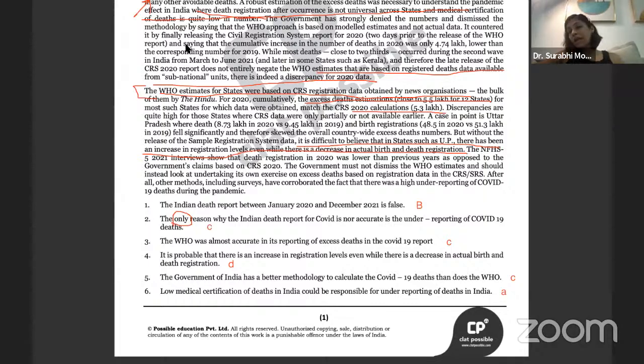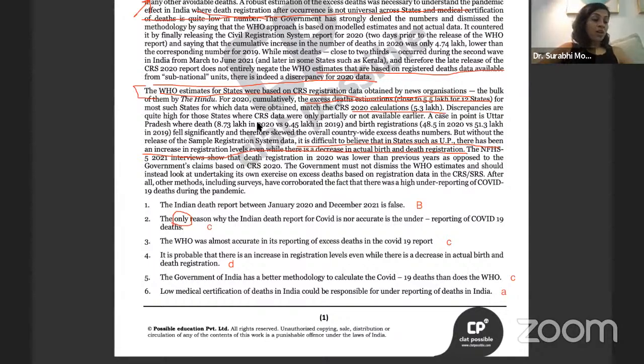So we cannot say whether it's probably true or probably false. Yes, so we cannot say true or false because we have just been given India's response, but the author has not made it categorical whether India has a better method or WHO. We need more data to reach that conclusion.